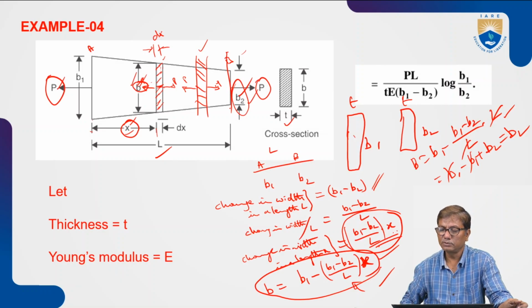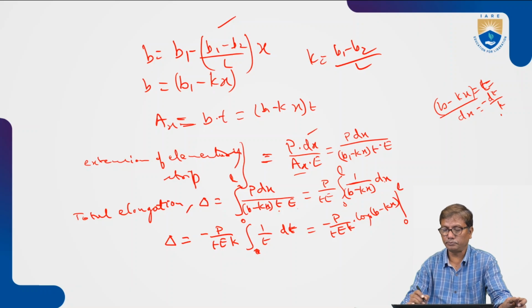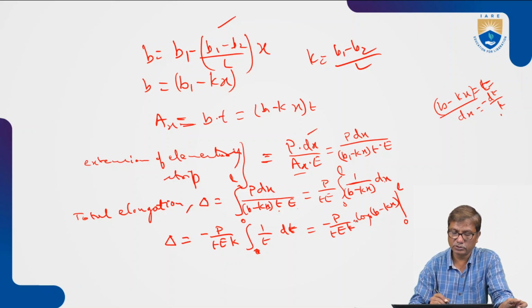What are the limits now? For t the limits are different, but for x the limits are 0 to L. In place of k, you substitute again. What is k?